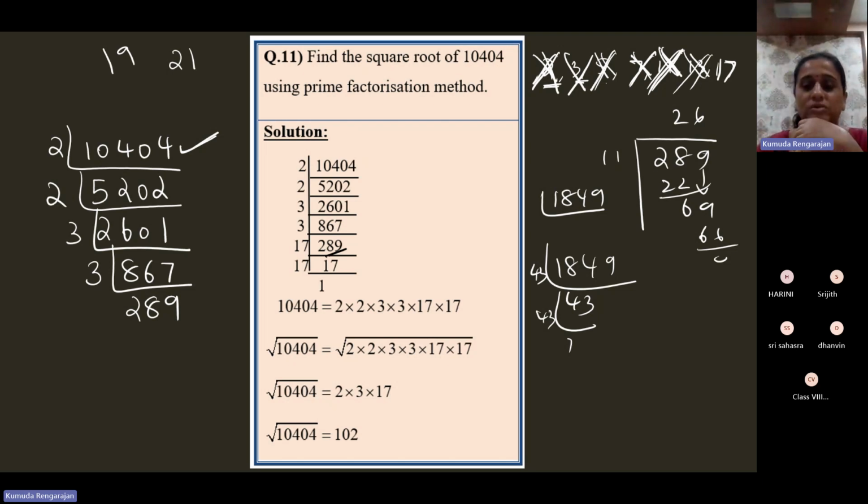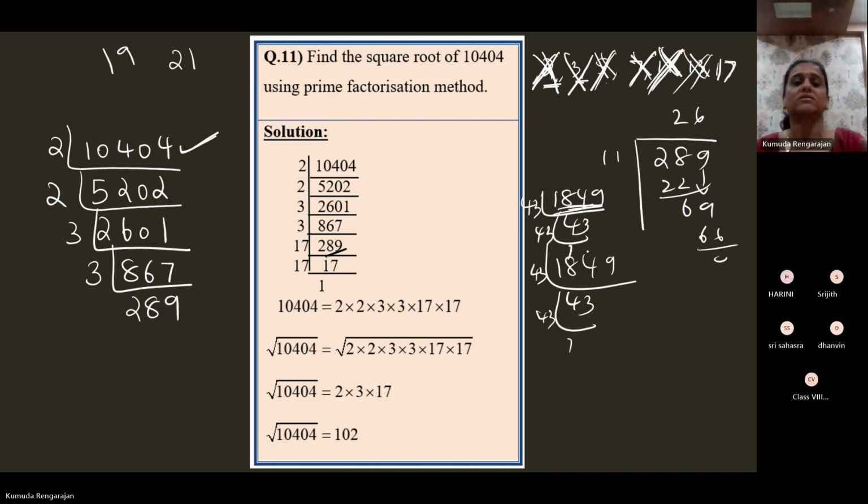But actually not, because 43 into 43 is 1849 and 43 is a prime number. So you have to hit 43 straight away. No prime number below 43 can divide 1849. So it is 43 times 43 ones.